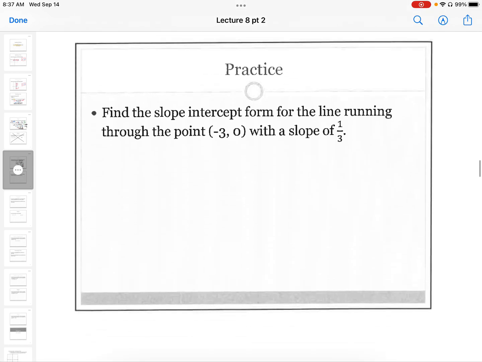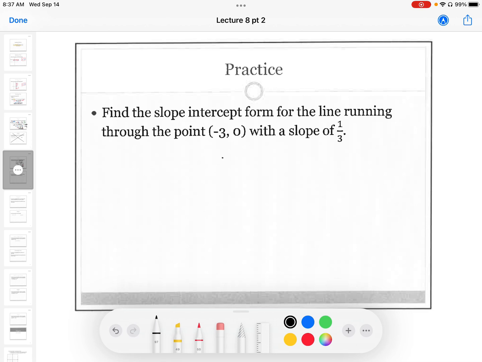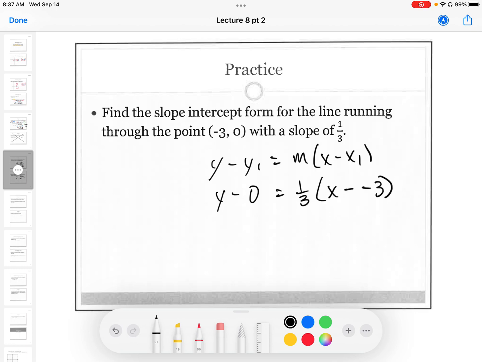Other slide down below, okay, again, sorry, that is not the equation. We would go y minus y sub 1 equals m times x minus x sub 1. Okay, y minus, my y sub 1 is a 0, equals m, which we know that our m in this case is 1/3, times x minus a negative 3.